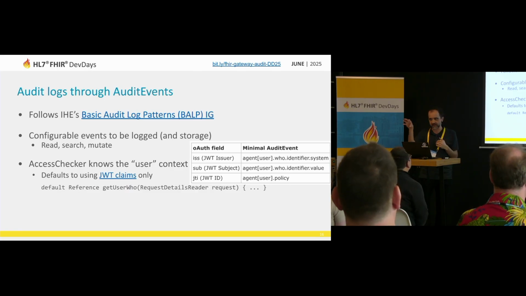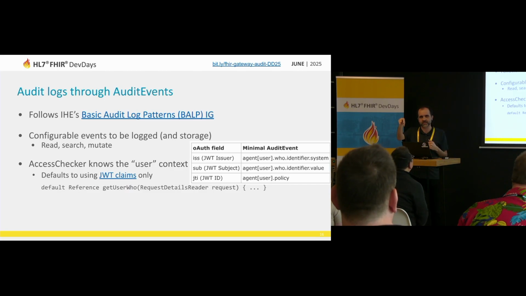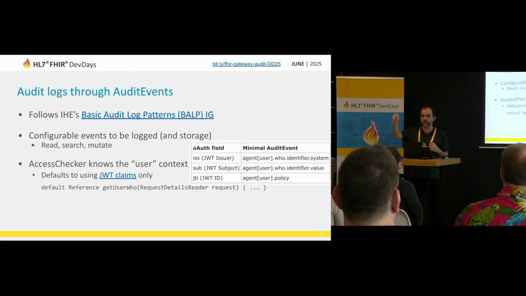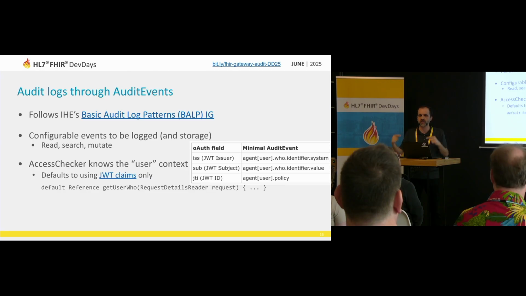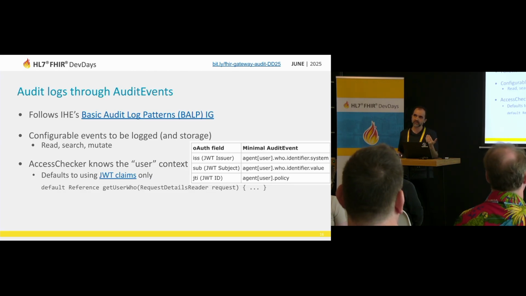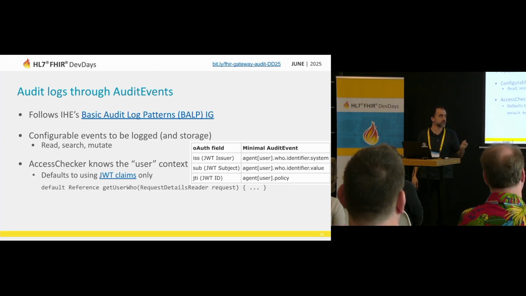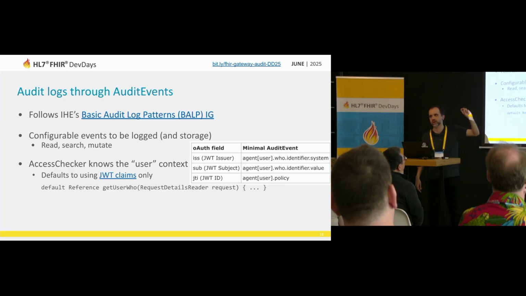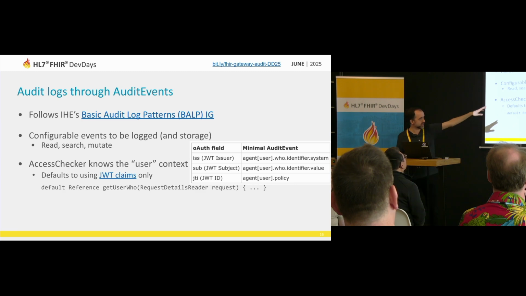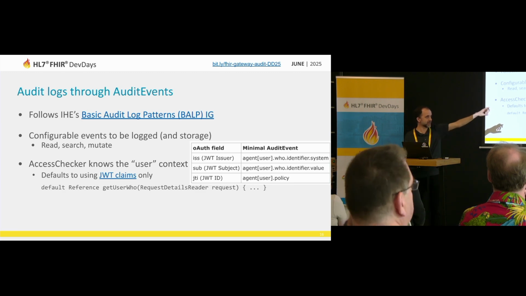This is the access checker, because the access checker plugin at the end of the day knows exactly who the user is, because it has to map some claims to some user identity. If they don't provide that, there is a default implementation where we use the JWT claims to create a minimal user. And that table is an edited version that comes from the IHE guide.